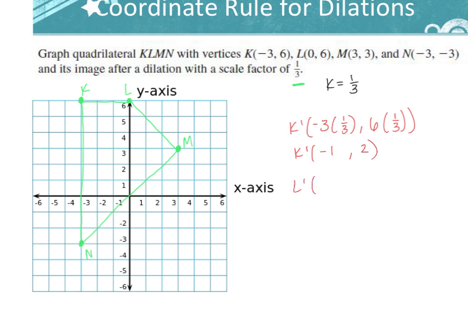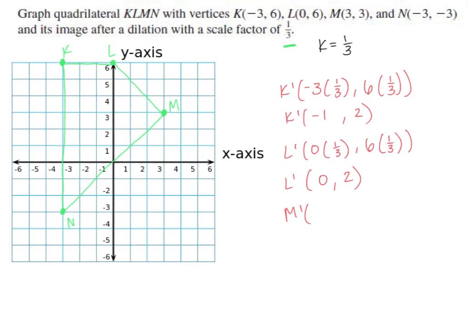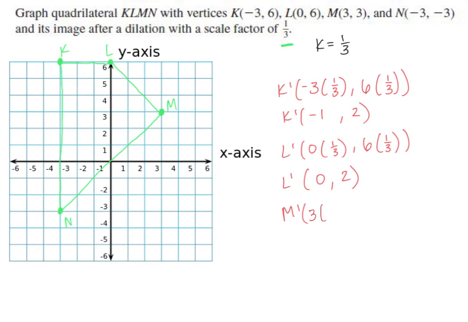L prime, let's take our original coordinate, which was 0, multiply it by 1/3, and then take 6 and multiply it by 1/3. L prime is going to be 0, 2. M prime, we're going to take 3, multiply by our scale factor of 1/3, take the other 3, multiply by our scale factor of 1/3.